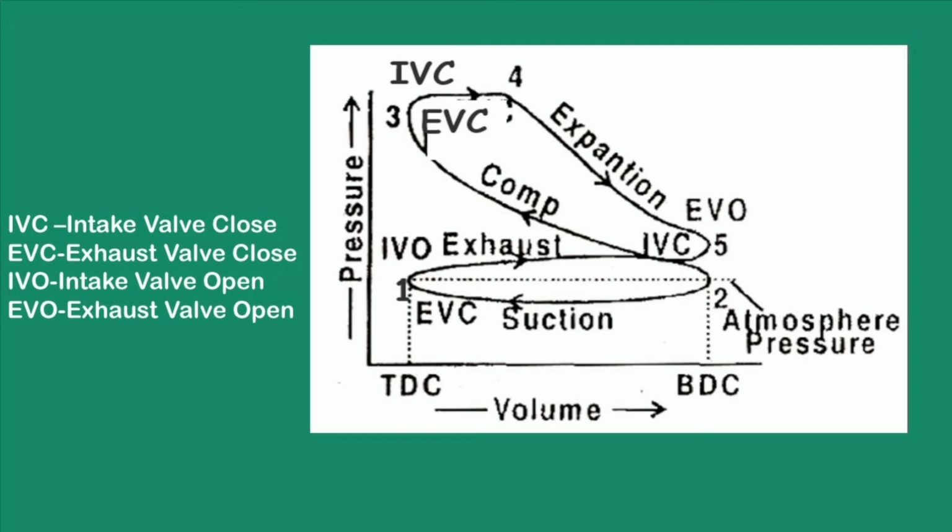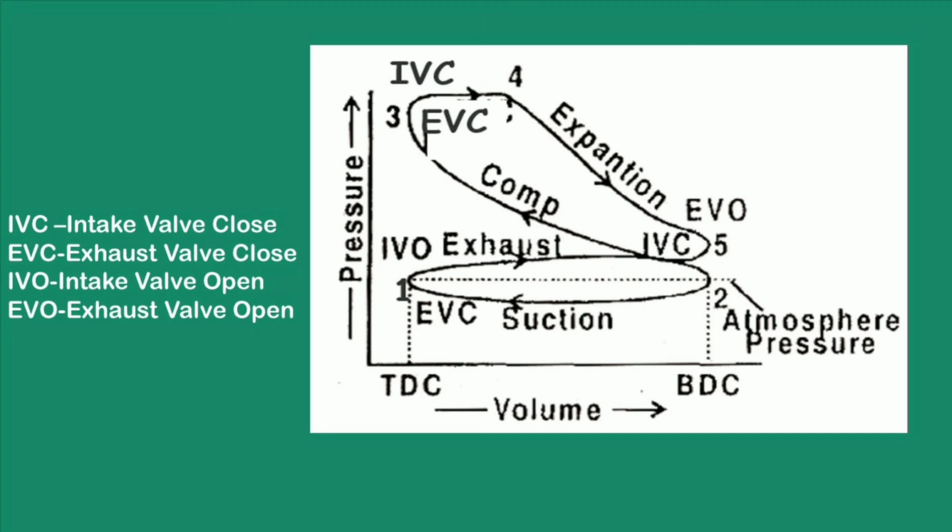It clearly shows that the first stroke is the suction stroke, in which the intake valve is open and the exhaust valve is closed, and the suction is below the atmospheric pressure. In the suction stroke, the piston moves from top dead center to bottom dead center. At the end of the suction stroke, the intake valve also closes.